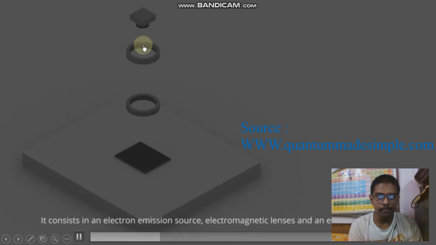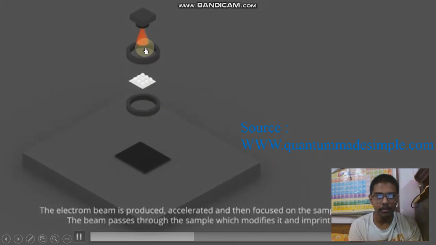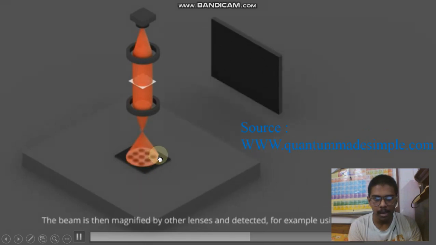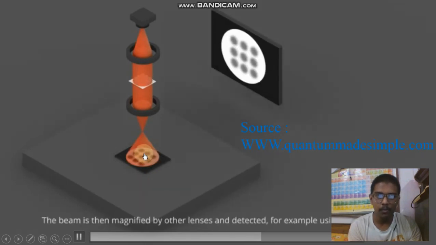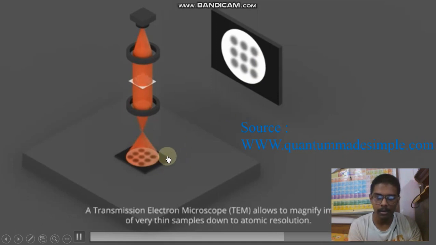Now the electron beam will come. This is the sample chamber. These are the lenses. Now electron beams are coming, interacting with the sample, penetrating through the sample, going through the lens, making an image-forming beam, and making an image here at the bottom of the microscope, which is projected to this screen. This screen is actually connected with the computer.